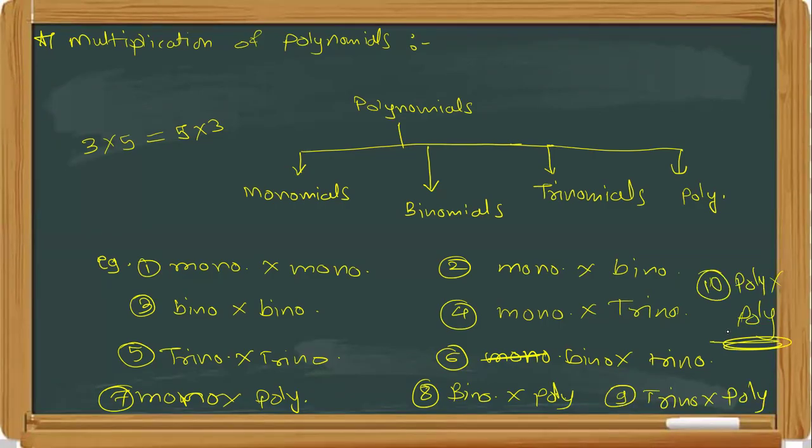Write it down, but we are not going very deep into it, because questions like polynomial into polynomial, trinomial into polynomial, binomial into polynomial are very rare and rarely useful. Write it down and then we'll go for examples.